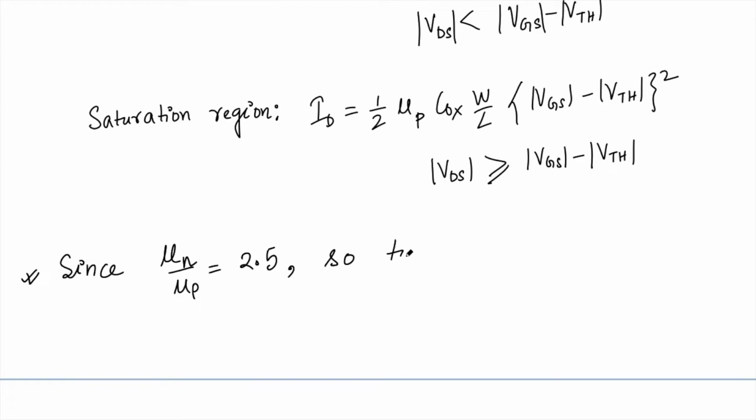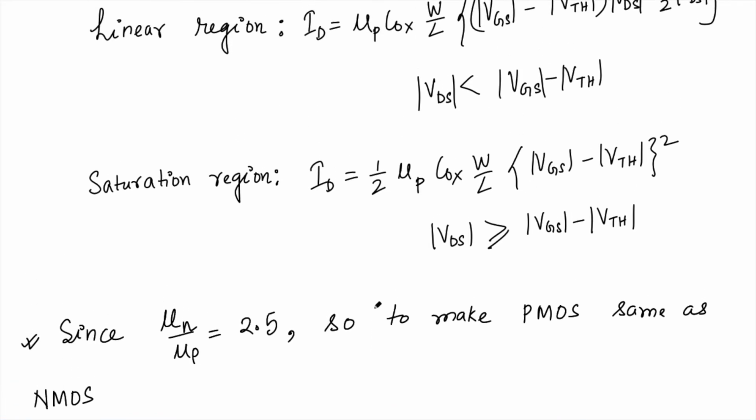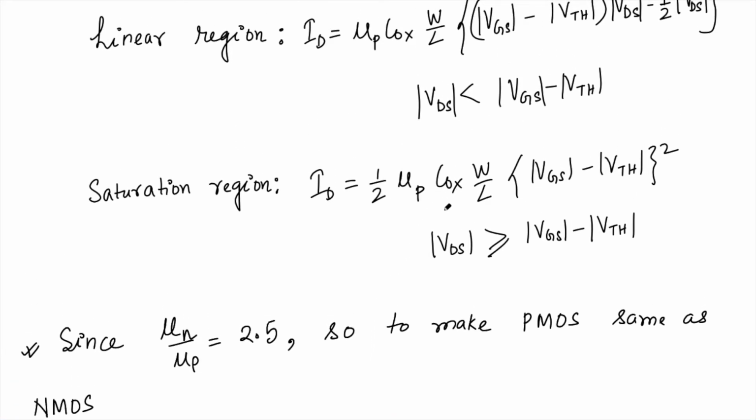So to make PMOS the same as NMOS, I want to make PMOS and NMOS behave the same way. Actually, in case of the CMOS, the COX of NMOS and PMOS are always the same because they are manufactured at the same time, and this is based on the thickness and the material. So COX is the same.